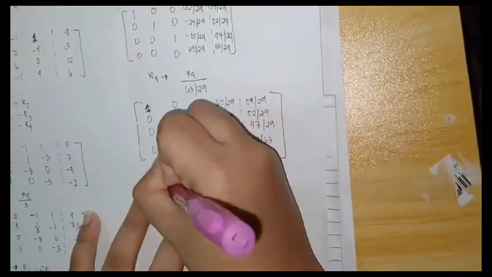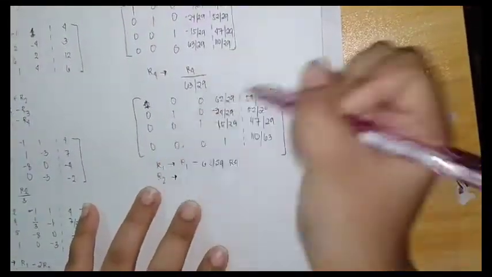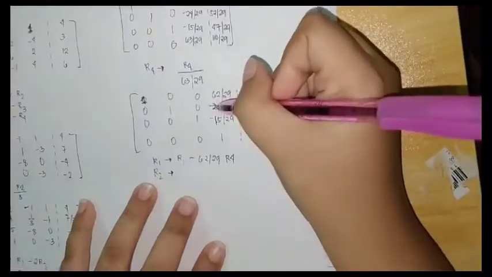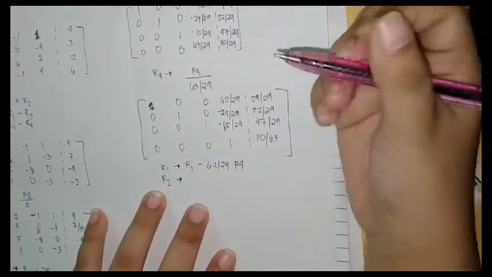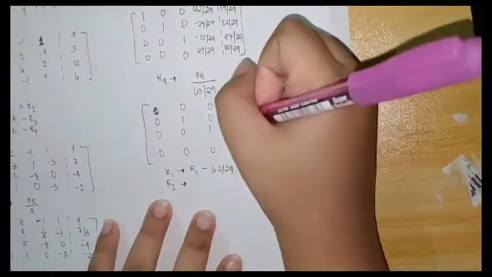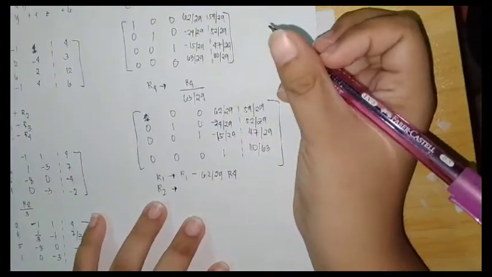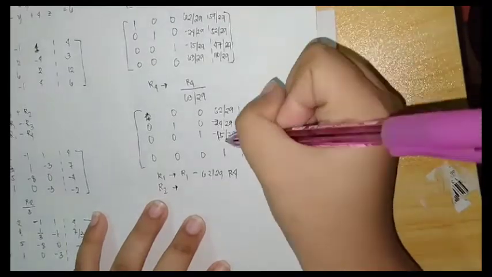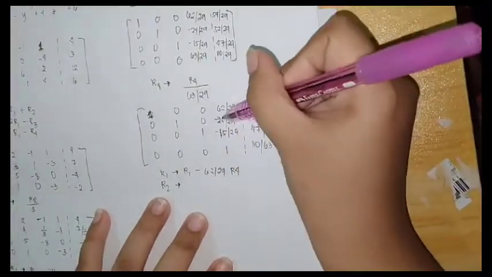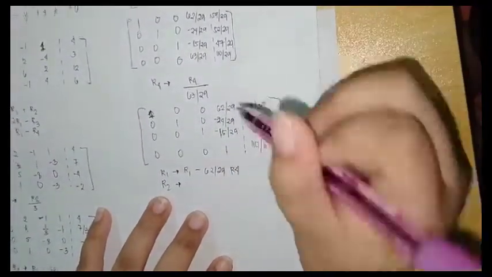So for R2, multiply R4 by 24 over 29 and add the answer.